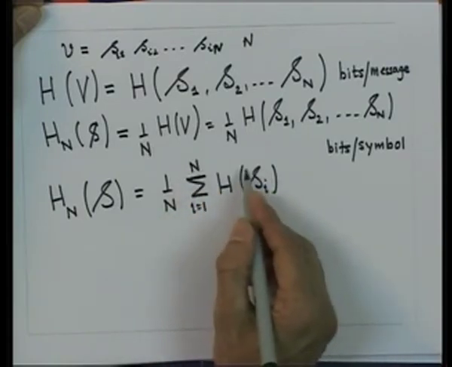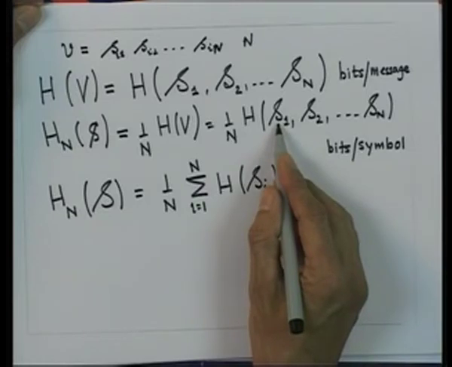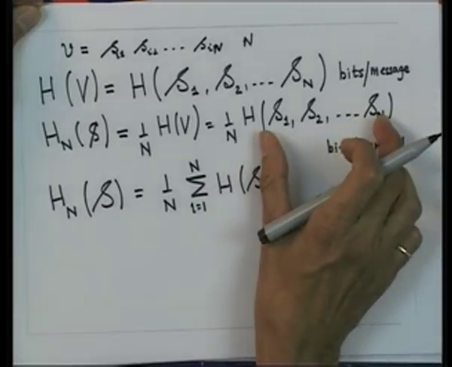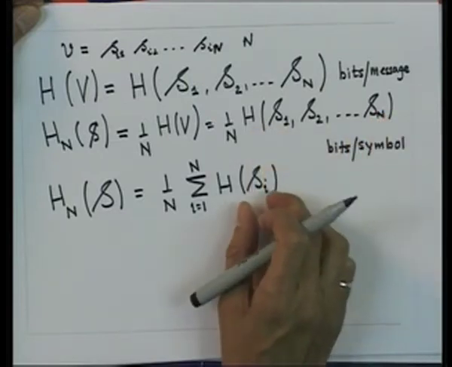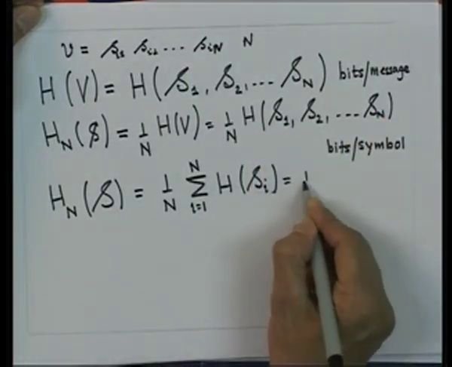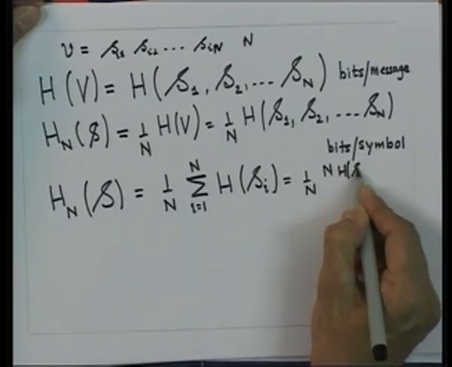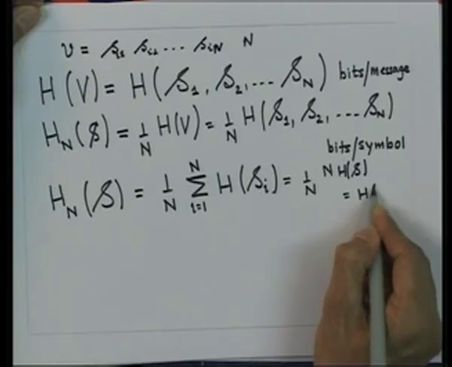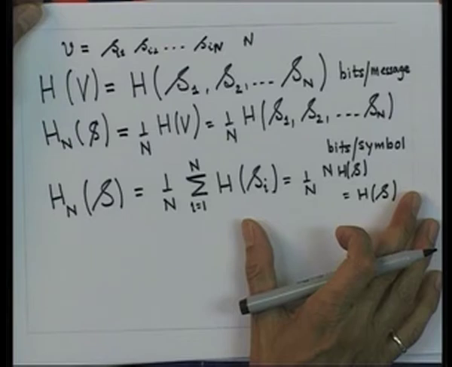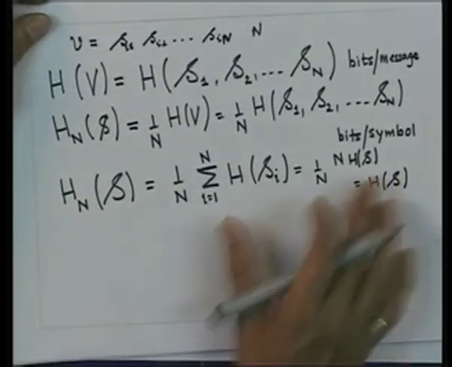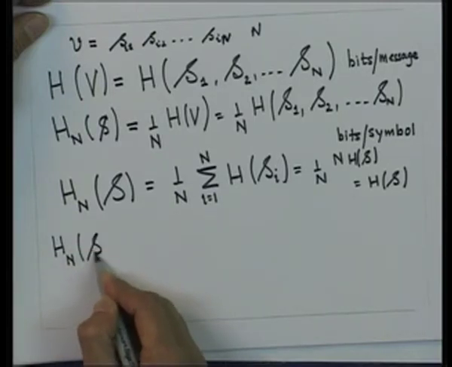This expression I can write provided my symbols in this message of length N are independent, and in that case I can simplify this to H of S. Now if the symbols are dependent, then I cannot write it like this, and then I can go to a more fundamental definition.